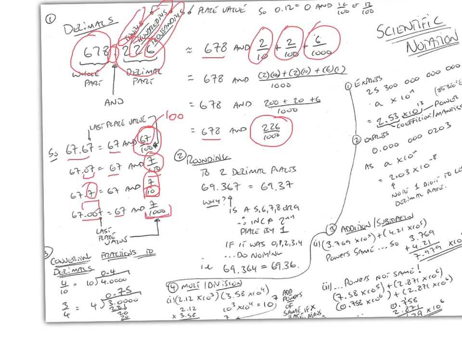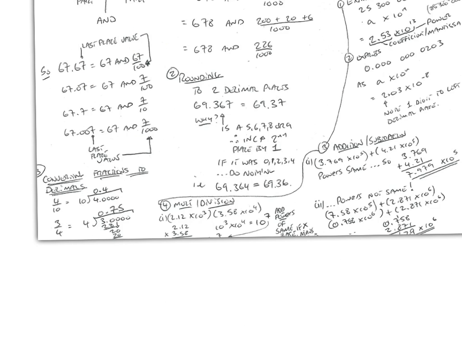Now if we just think about rounding to 2 decimal places, how do we round? We have a value like 69.367, that rounded to 2 decimal places is 69.37. How did we do that? Well, we look at the third place after the decimal point.